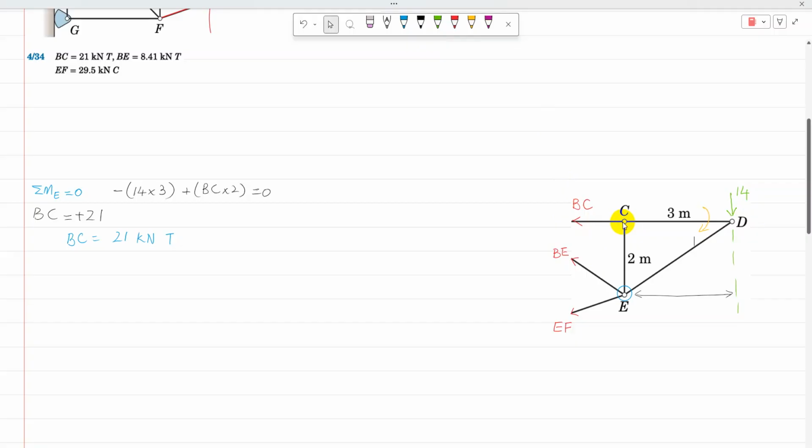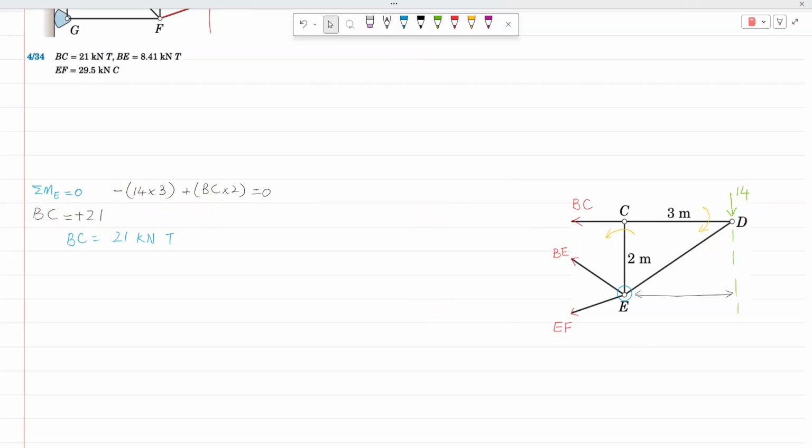BC is acting along that CD line, and the perpendicular distance from the line of action of BC to the point of rotation E is 2 meter, and BC is going to produce moment in the anticlockwise direction. So taking clockwise as negative and anticlockwise moment as positive, I get minus 14 times 3, which is minus due to clockwise, plus BC times 2, and then solving it, BC comes as plus 21.